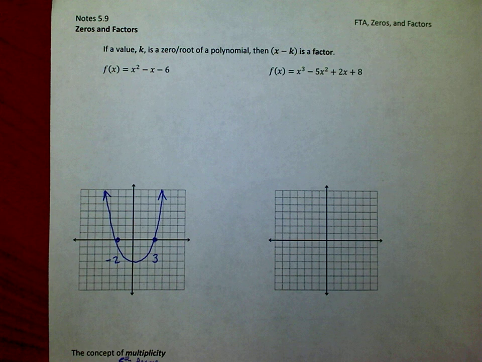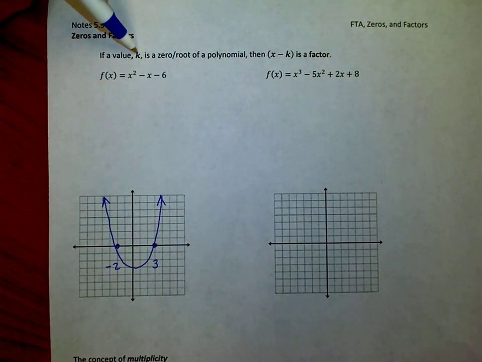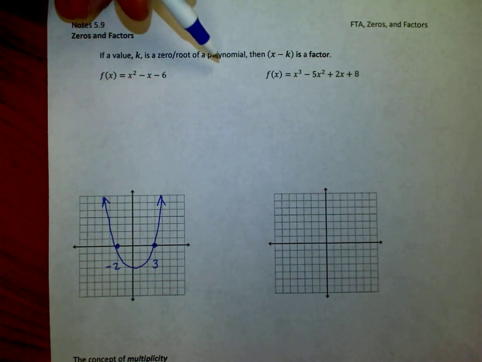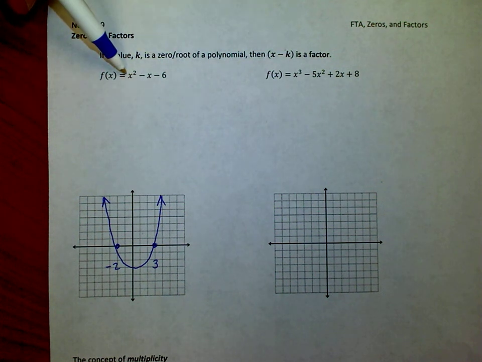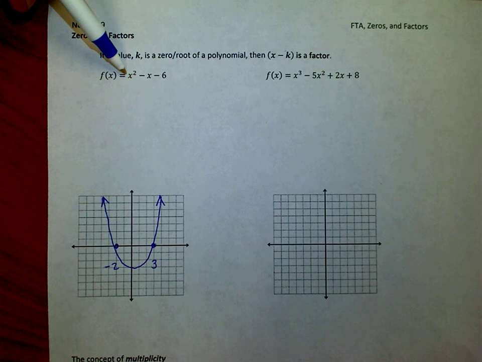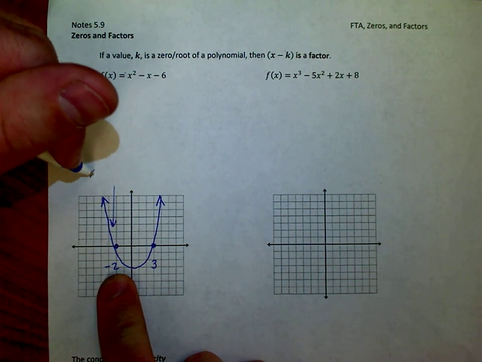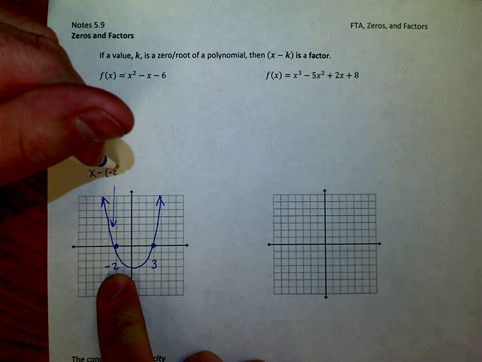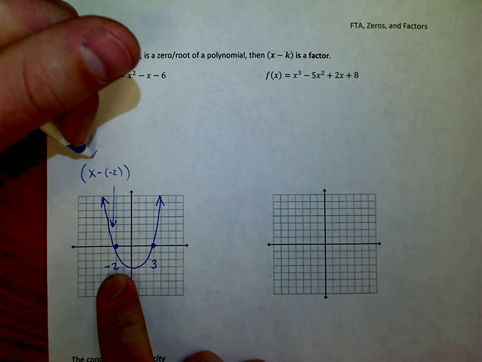Here's the rule that we need to understand. If any value, like -2 or +3, is a zero of the polynomial, then x minus that number is one of the factors when you go to factor it out, because we always want to move towards factored equations. Because -2 is a root, x minus a -2 is one of my factors. That's a double negative, so it turns into x plus 2.